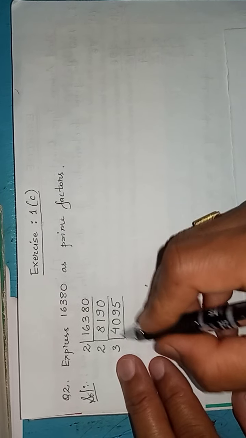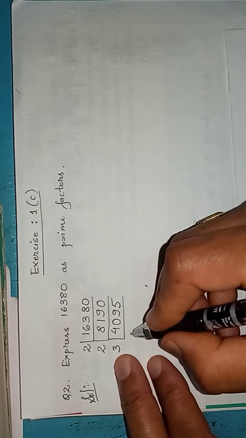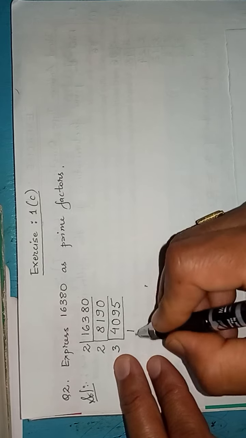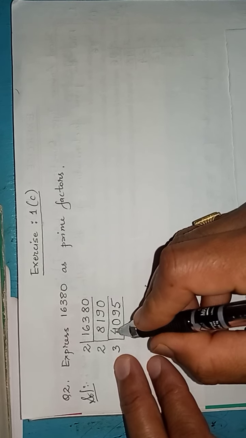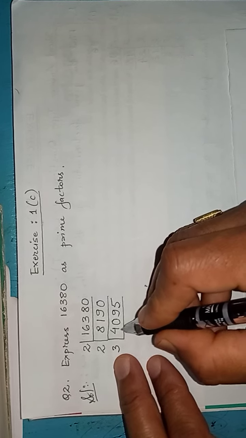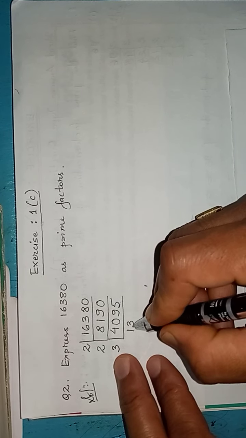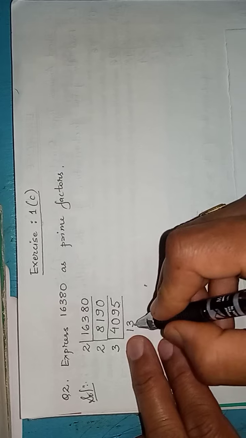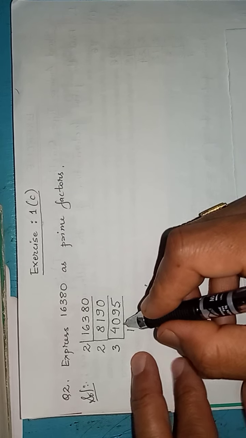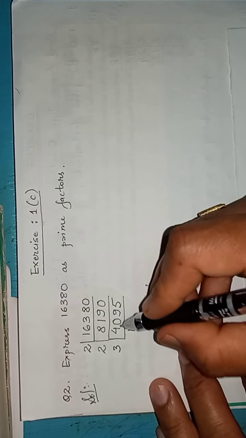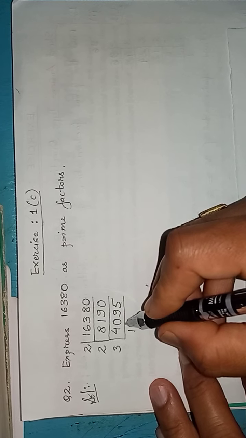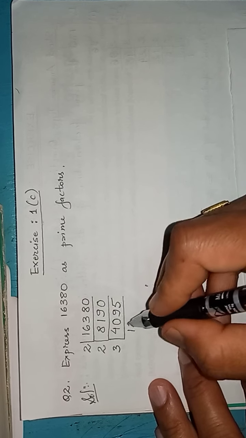First we will take 4. 4 is bigger than 3. So yes, 3 ones are 3, because 3 2s are 6, which is big. So 3 ones are 3. 4 minus 3 is 1. 1 goes and joins with 0, that becomes 10. In the table of 3, 3 3s are 9, because we should take less than 10. 3 4s are 12, which is big, so 3 3s are 9. 10 minus 9 is 1.